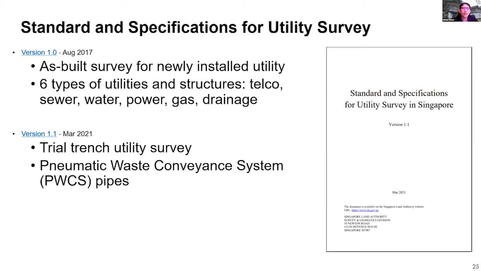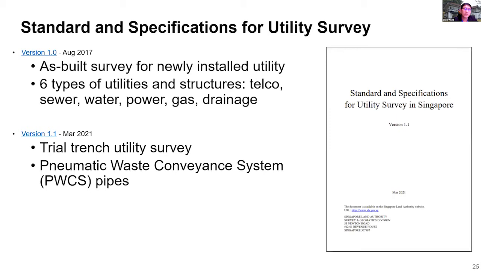Moving on, we focus on a few other areas, trial trench utility survey. So it covers how you do trial trench utility surveys, as well as moving forward, we are looking at a more modern, unique type of utilities underground. These are some of the new utilities that we have in Singapore.